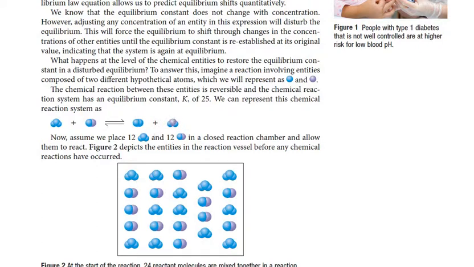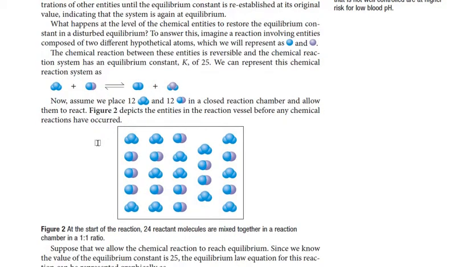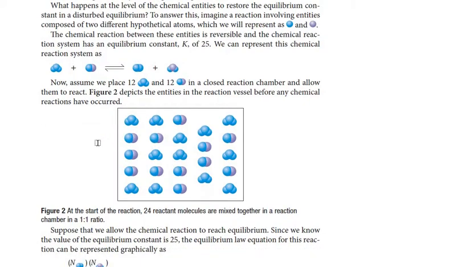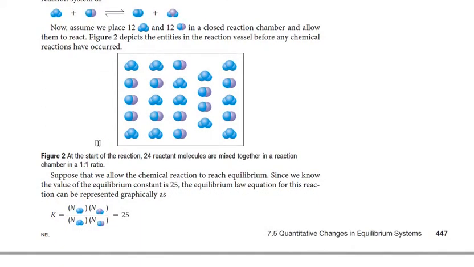Now assume we place 12 of this compound and 12 of this compound in a closed reaction chamber and allow them to react. Figure 2 depicts the entities in the reaction vessel before any chemical reactions have occurred. So suppose that we allow the chemical reaction to reach equilibrium.